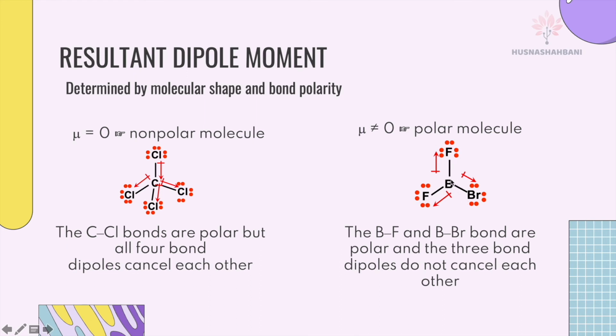But the electronegativity difference between B and Br is different from these two, causing the three bond dipoles not to cancel each other. The resultant dipole moment is not equal to 0. This molecule is a polar molecule.